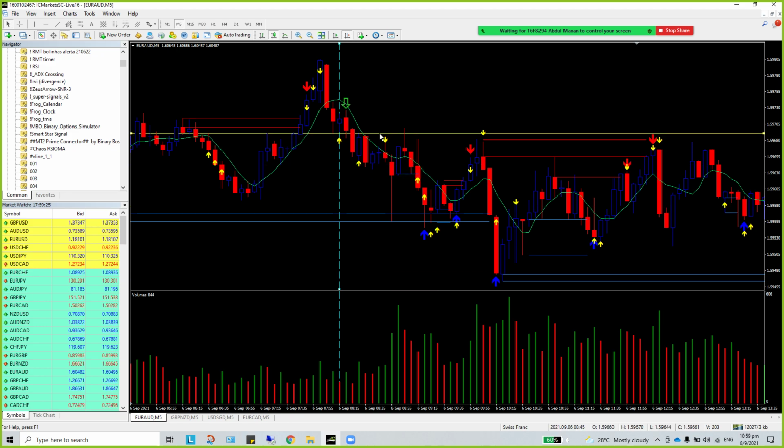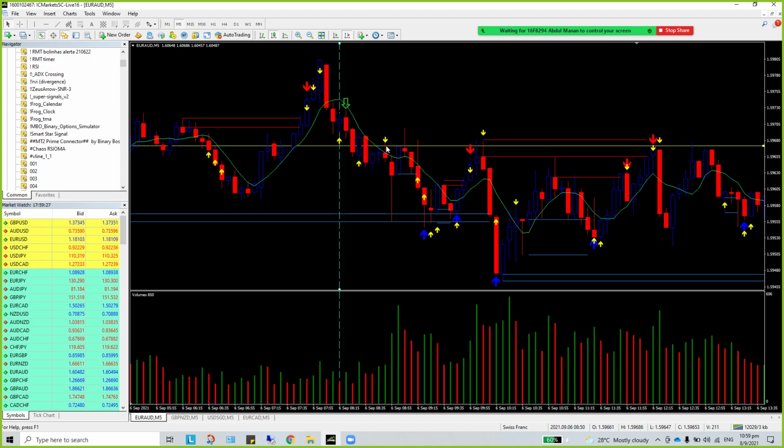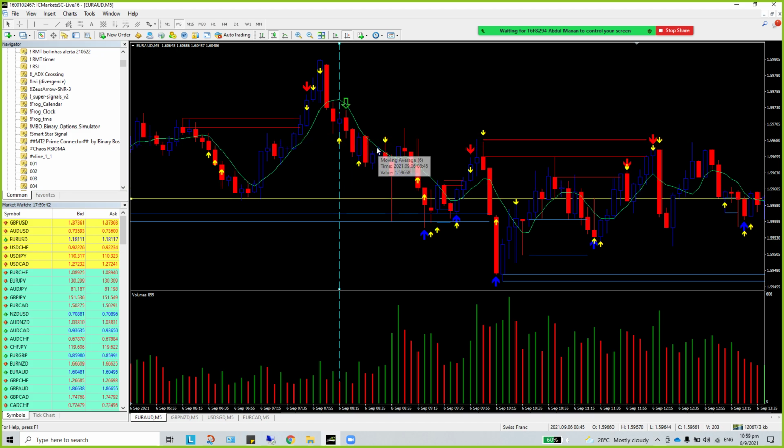If the yellow has failed, there is no trend line support and resistance from the horizontal. Here is a break. There is no support and resistance, but we can consider the moving average also as a support and resistance. So here we got the signal.